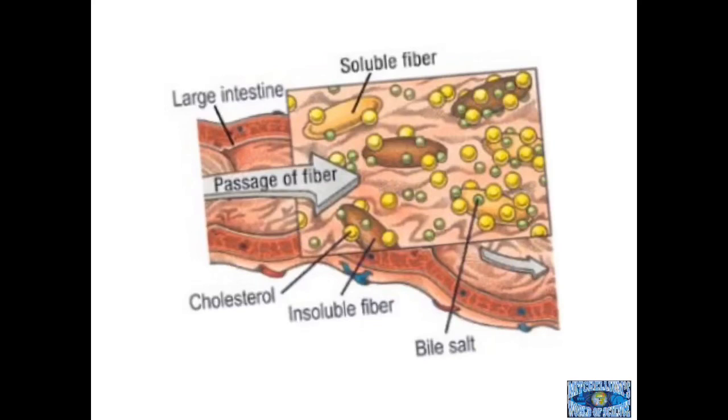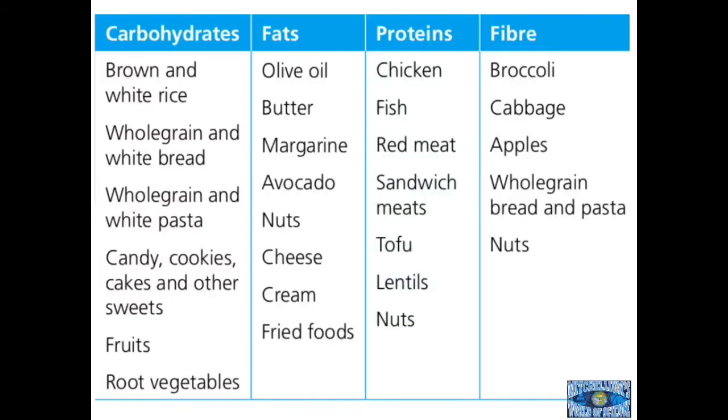In addition, fiber helps us feel more full when we eat, which can help avoid overeating. These are some examples of food that are rich in carbohydrates, fats, proteins, and fiber.